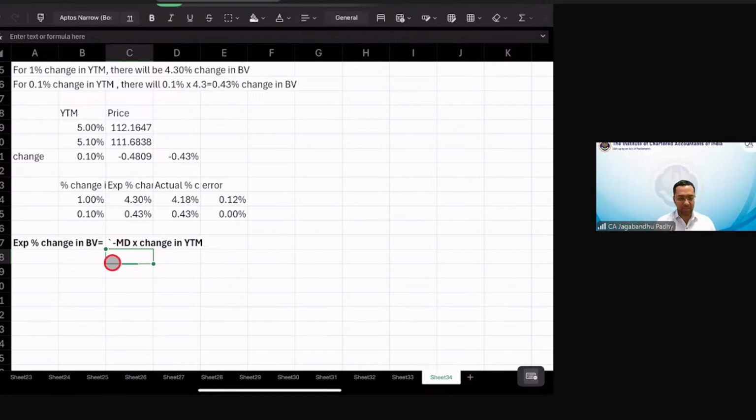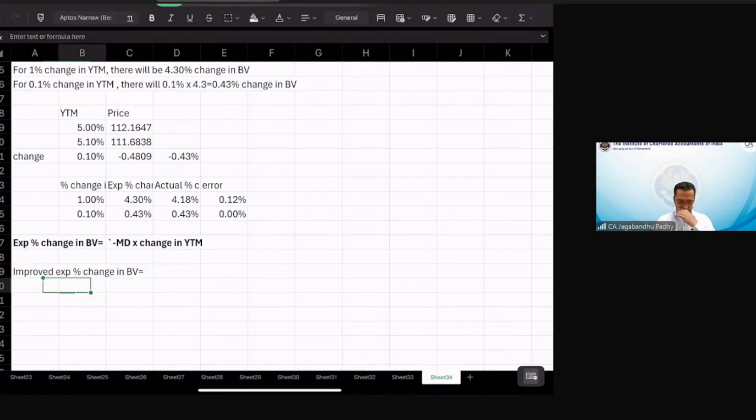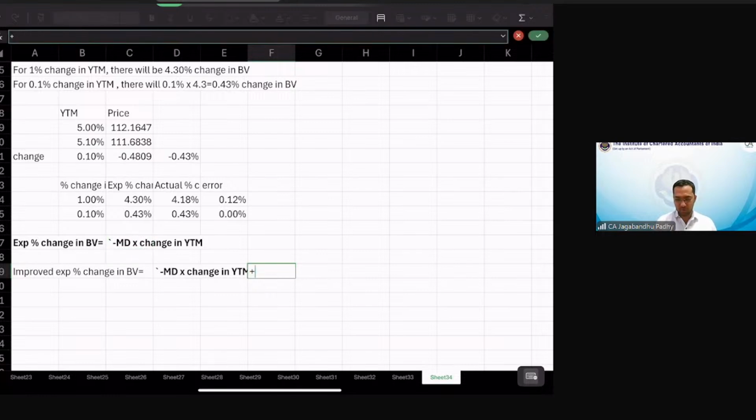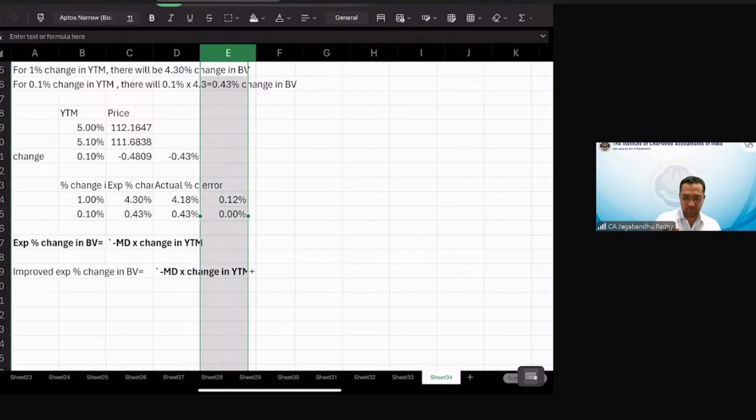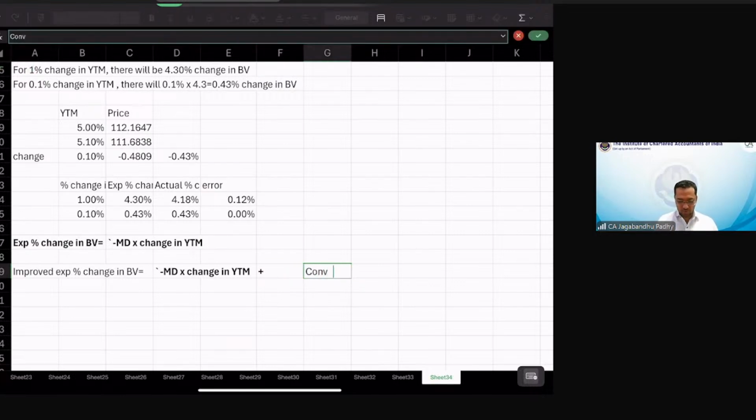Now the convexity adjustment, or I can say the improved expected percentage change in bond value, is obviously going to be this part. But in addition, we are also going to add something incremental to it. To make the things correct, we'll add the convexity adjustment.